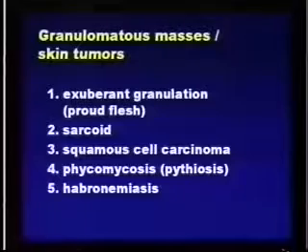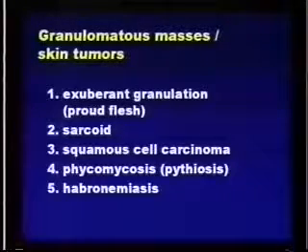Some of the things that you should think about when you see this sort of granulomatous mass are, number one, exuberant granulation tissue or proud flesh, and this is probably one of the most common causes of these kinds of masses.